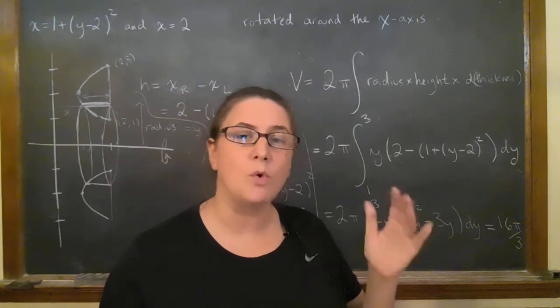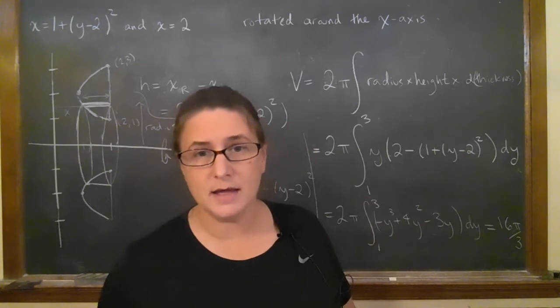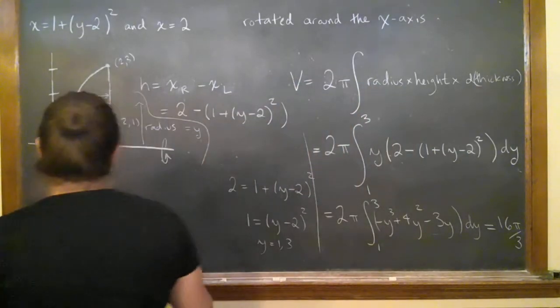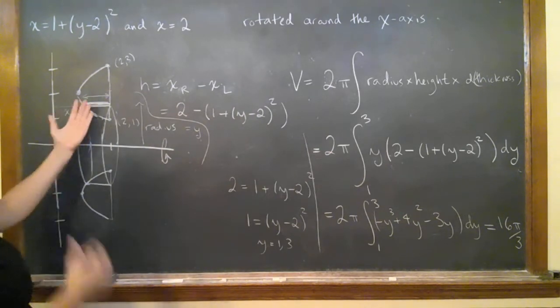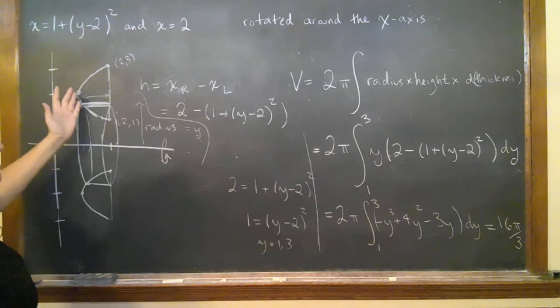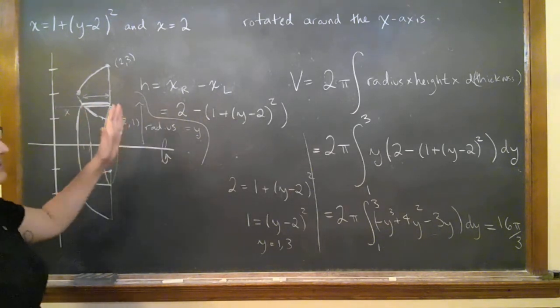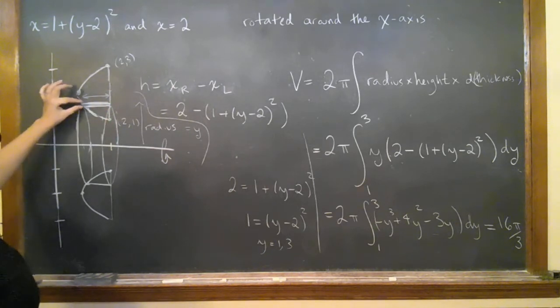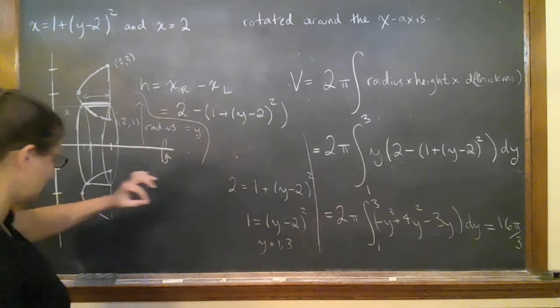The washer method and the shell method are opposite with respect to that. If I was doing this with the washer method, I'm going around the x, so I would be integrating with respect to dx. But the shell method, because you're thinking about the thickness of the wall, where it's the height, you're going to be integrating with respect to dy.